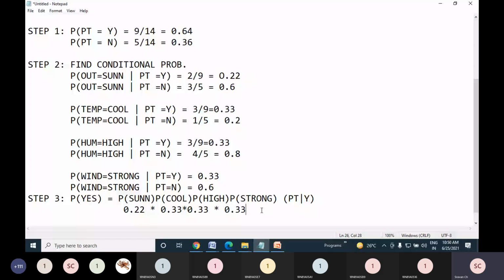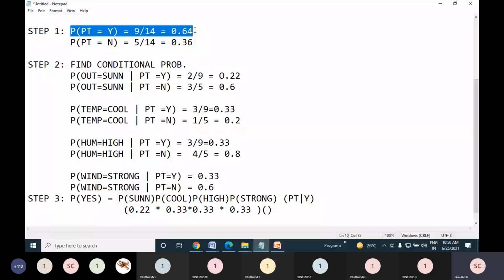All these 4 are conditional probabilities. You have to multiply them with overall PT of Y. Overall PT of Y you can find in step 1, which is 9 by 14, 0.64. Got the point?